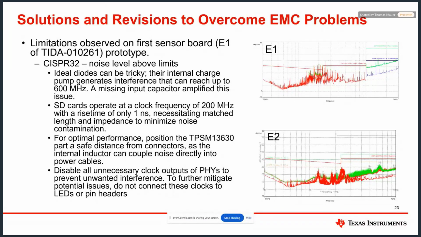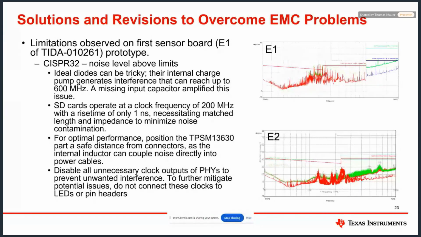Then we have used in the power module this TPSM13630. This was close to a connector, so we moved it away from the connector because it coupled noise into these power cables.